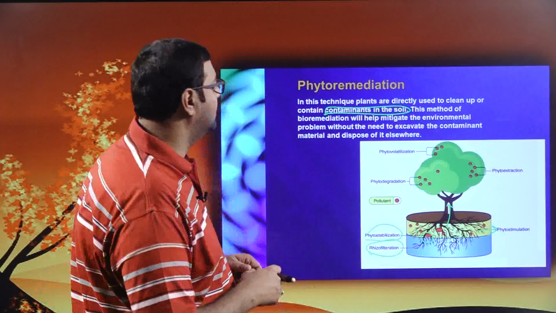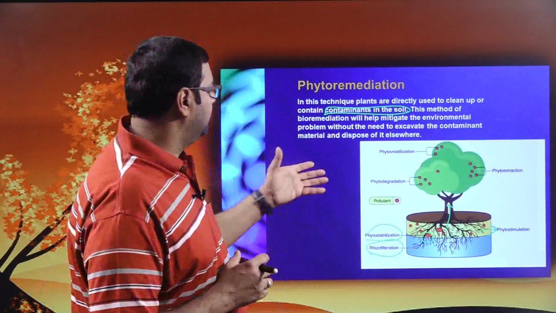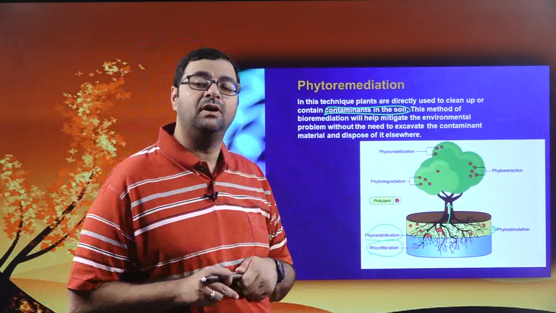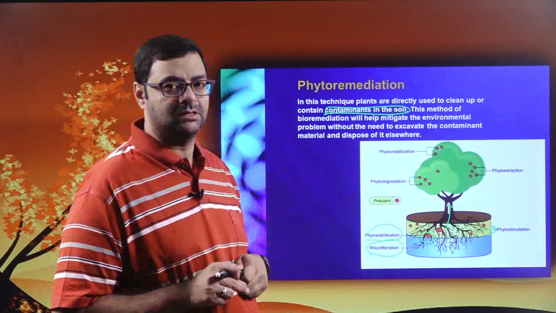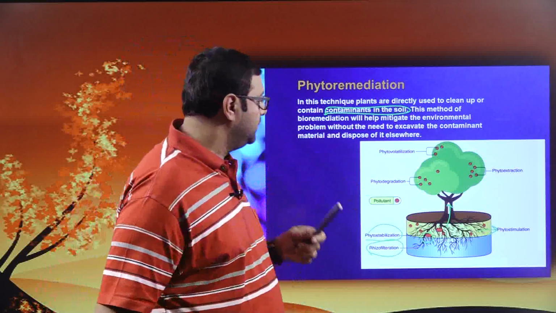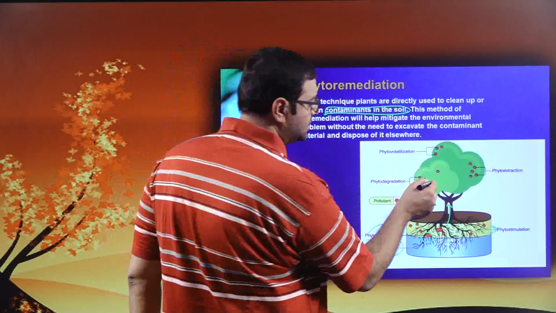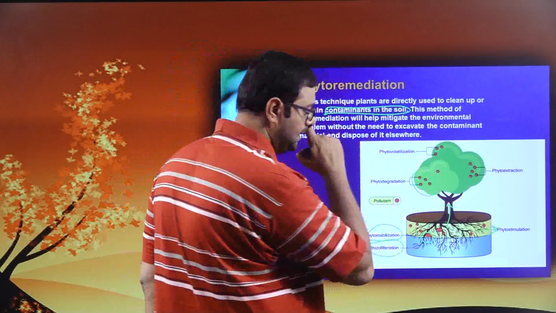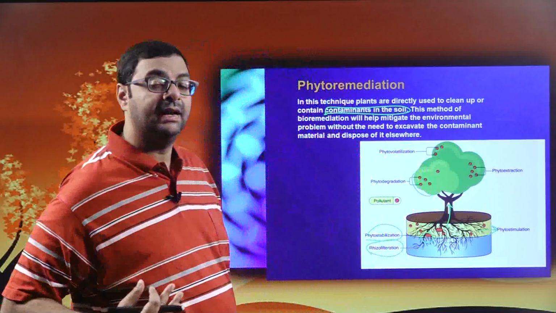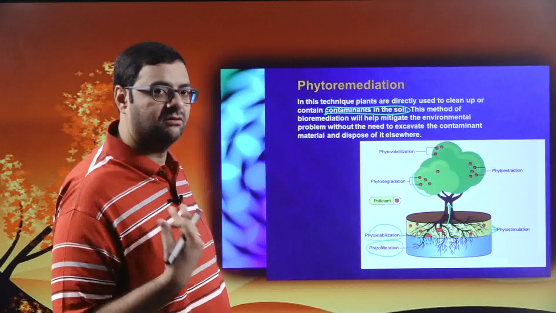So in all these you are using only the plant for the removal of the contaminants. Then you have phytodegradation. In the plant itself, once it performs photosynthesis, these contaminants are degraded by the plant in the process of photosynthesis itself.